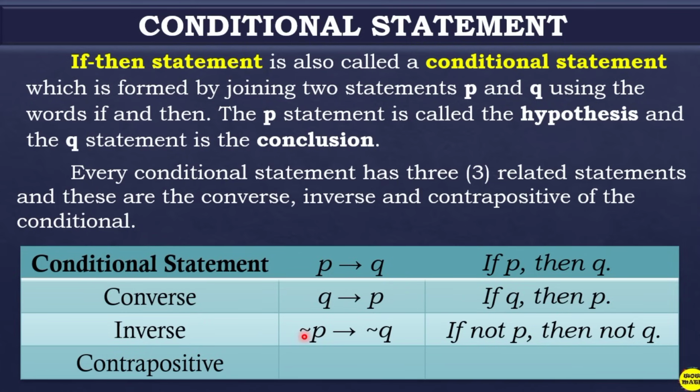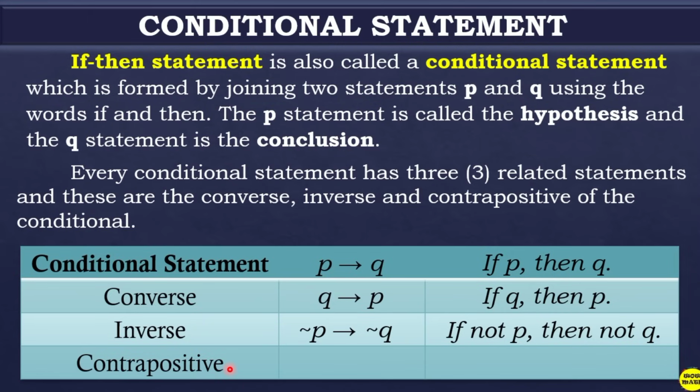Dito papasok yung negation. This is the symbol for negation. Ginagawa natin siyang negative. That's why we have here the word not. So, from if P, then Q, magiging if not P, then not Q. This is how we write or convert the given conditional statement into inverse.